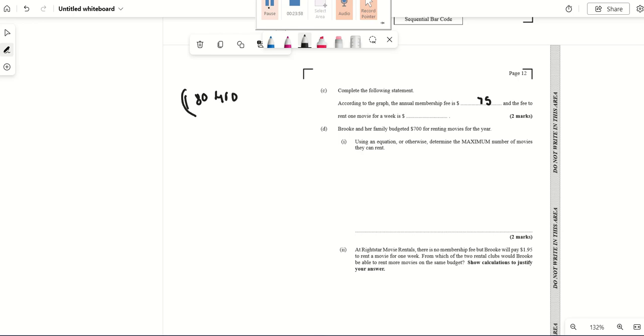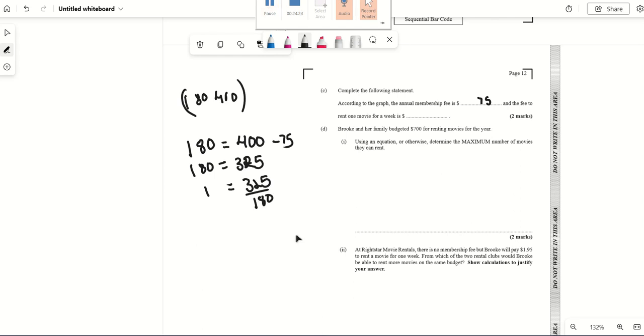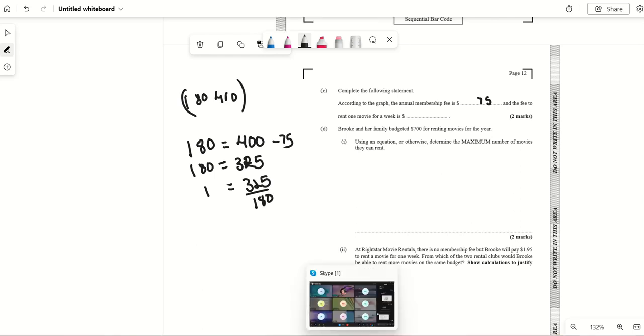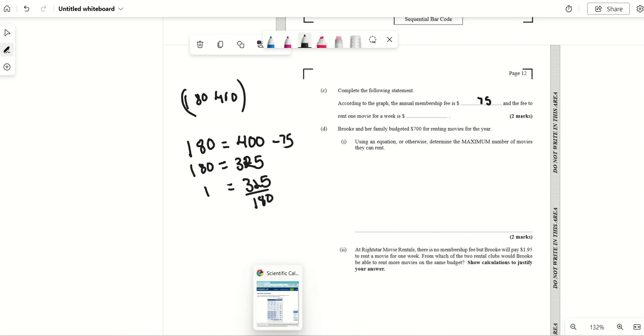So for 180 movies it was 400, but this includes your membership fee, so we're going to minus 75. So 180 movies is equal to 325. So 1 would be 325 divided by 180, which is what we found before.